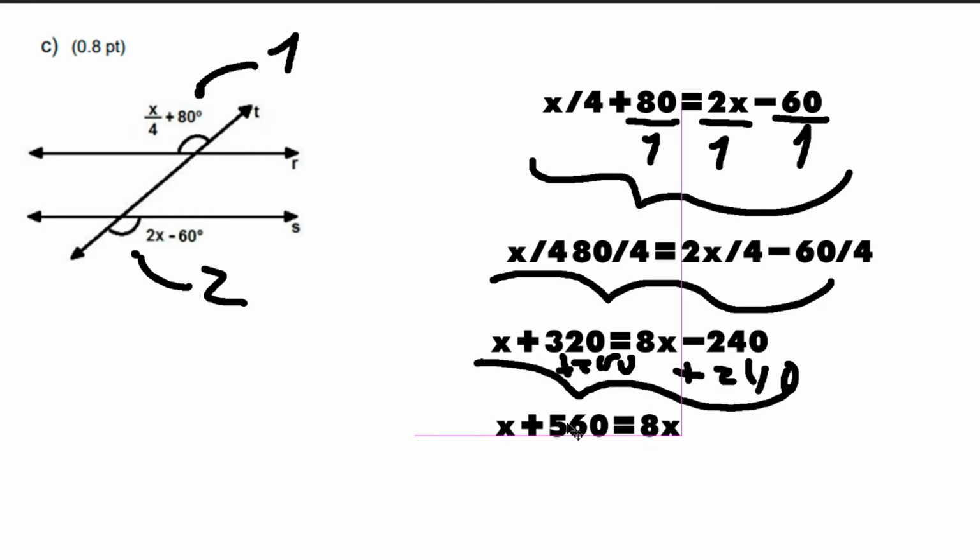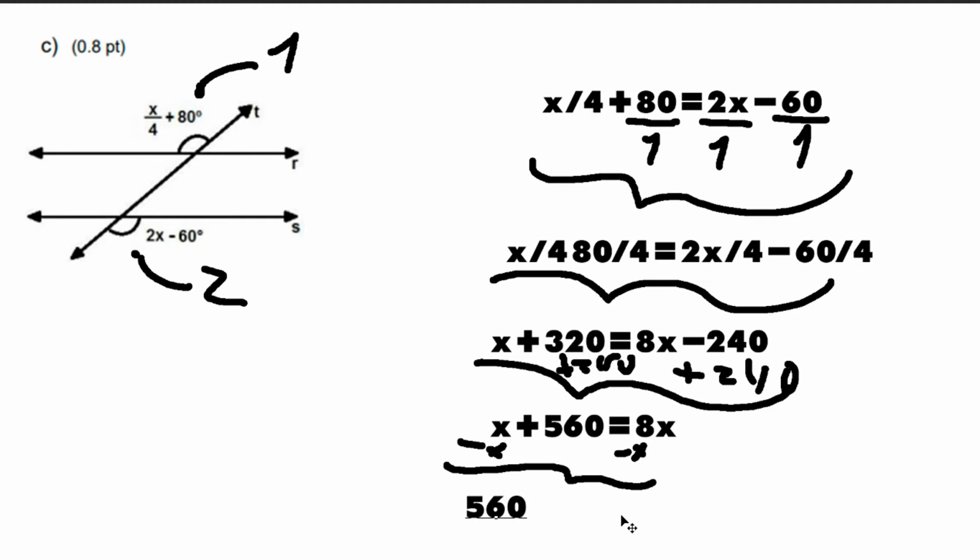And then our final step, it's not the final step, but we are almost there. I'm getting anxious. We need to isolate the variable, so we want to make sure that it's nice and isolated. So minus x on both sides, and then our equation will be like this.